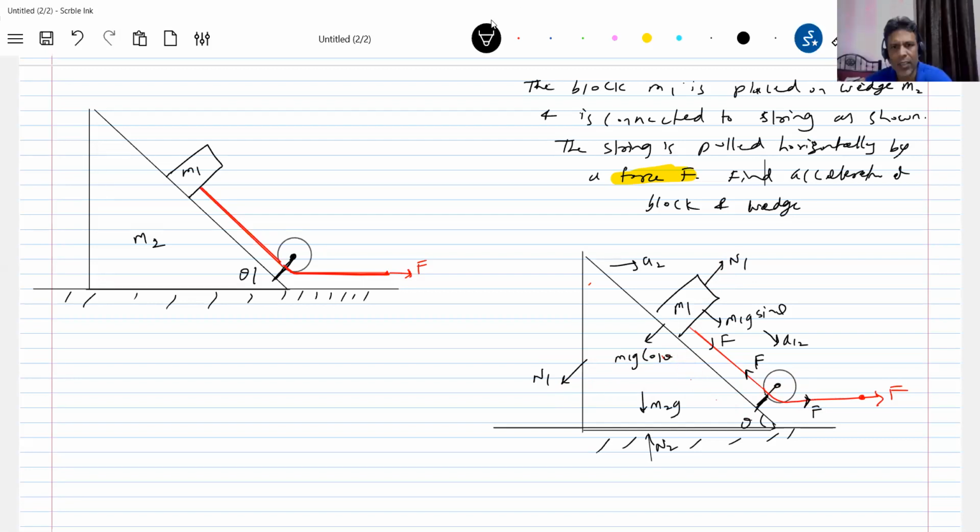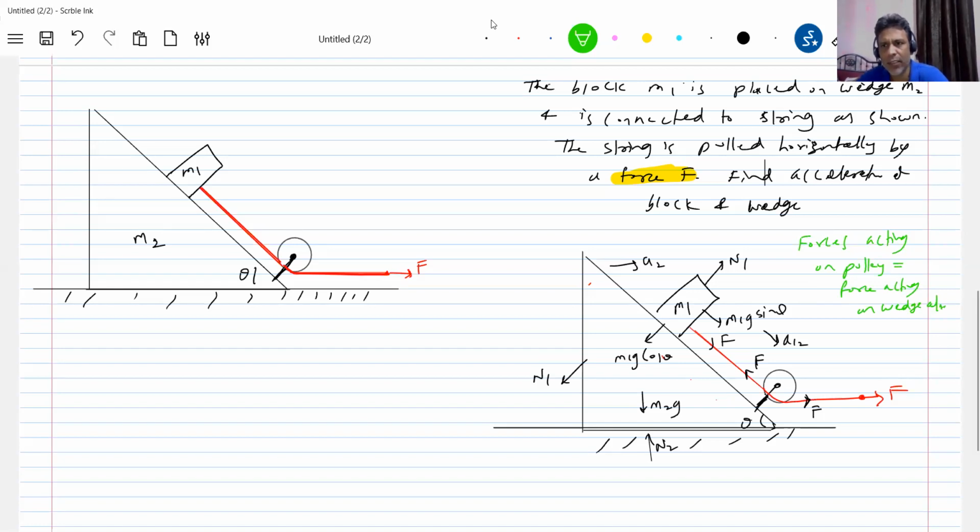What is the basic idea here? Forces acting on the pulley are equal to forces acting on the wedge also.